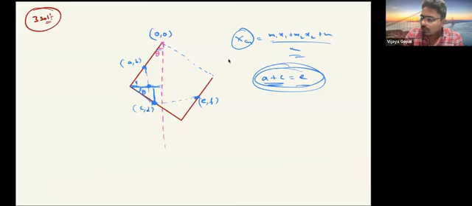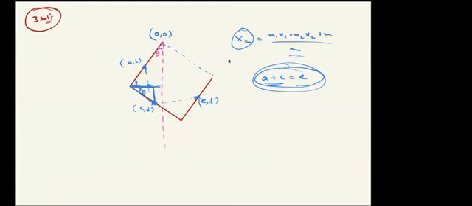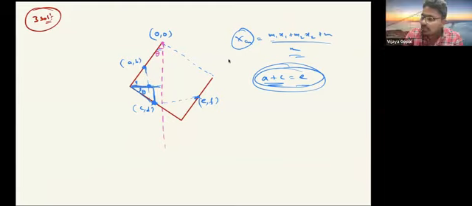If this length is L by 2, this length is L by 2, and L by 2 cos theta from here to here. But the total length is L, so this length is L sin theta. Therefore the perpendicular distance should be L sin theta minus L by 2 cos theta. Have you taken this distance, the perpendicular distance for this weight?